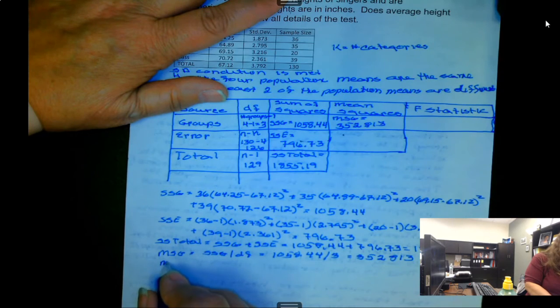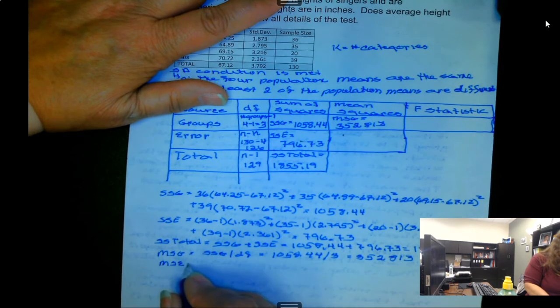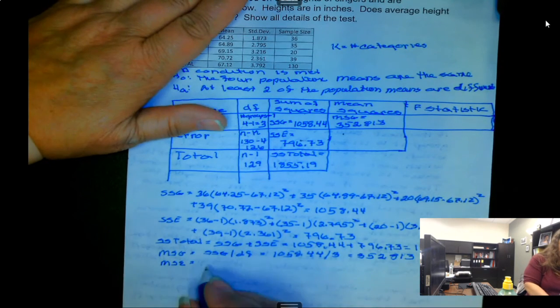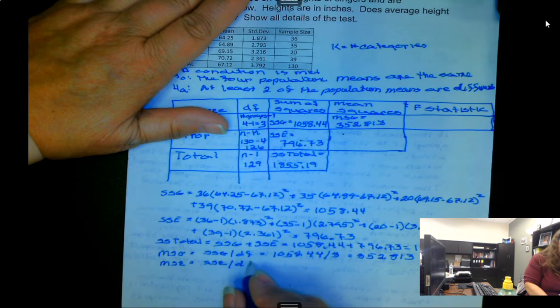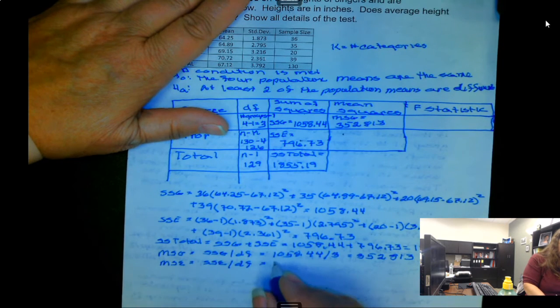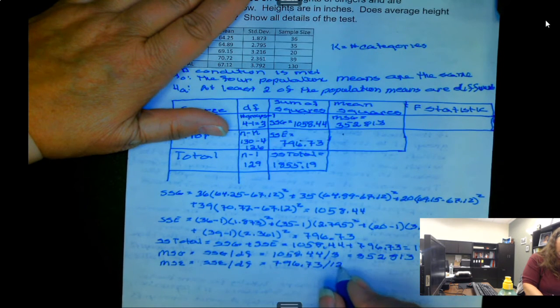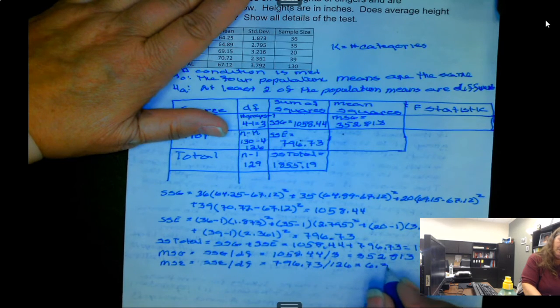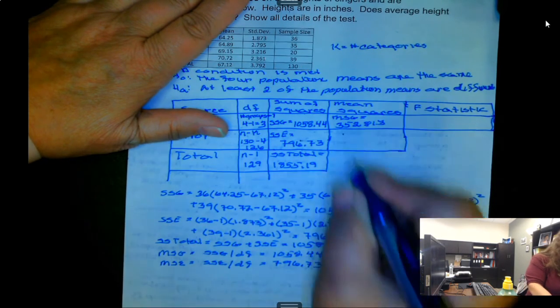Then we need the mean squares for error, which is the same thing. It's the sum of squares for error divided by the degrees of freedom. So that's 796.73 divided by 126, which is 6.323.